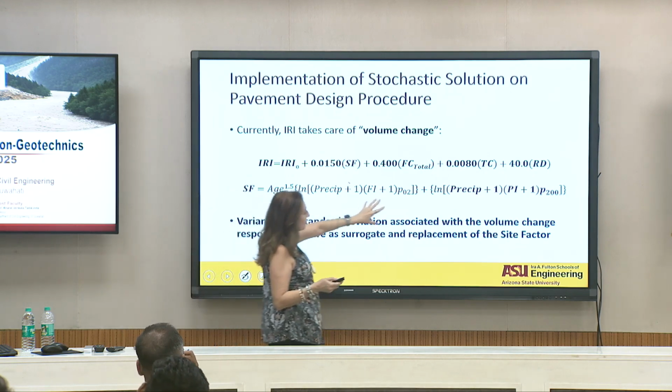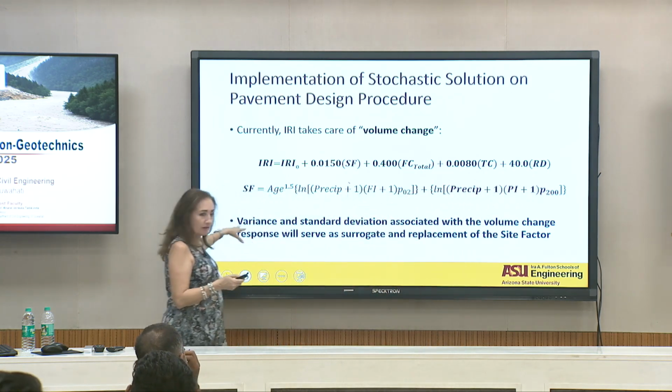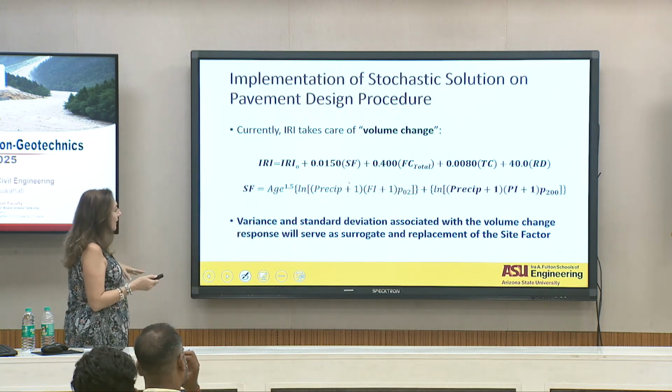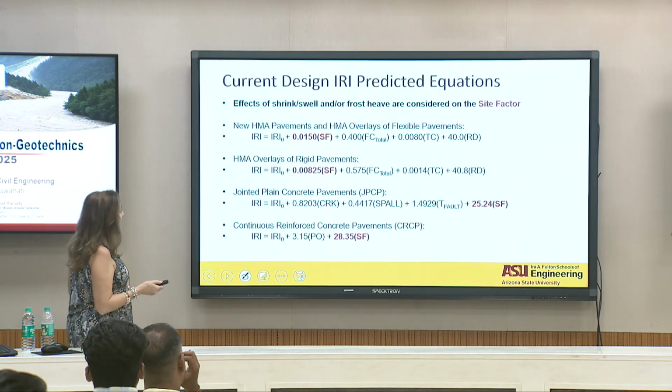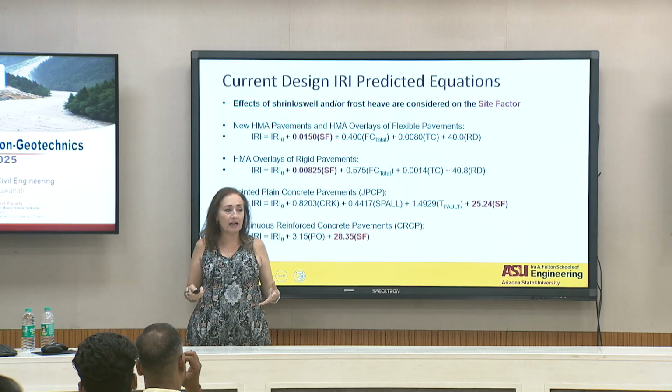Again, we are just trying to change this term in here by the values that we're getting. And basically, the same applies to flexible pavements with overlays, rigid pavements, concrete pavements, all of them have the psi factor. So we were able to modify that one.